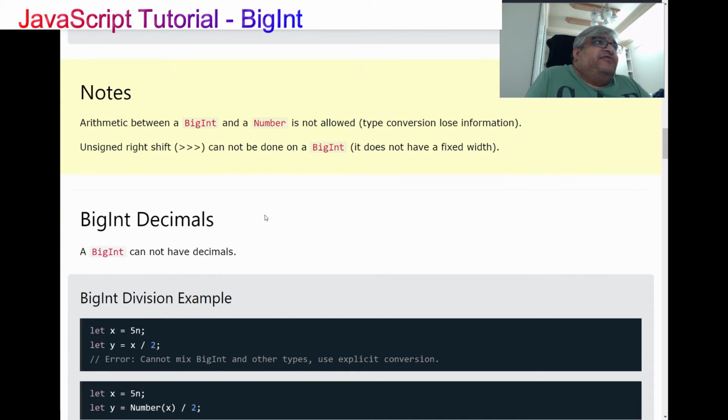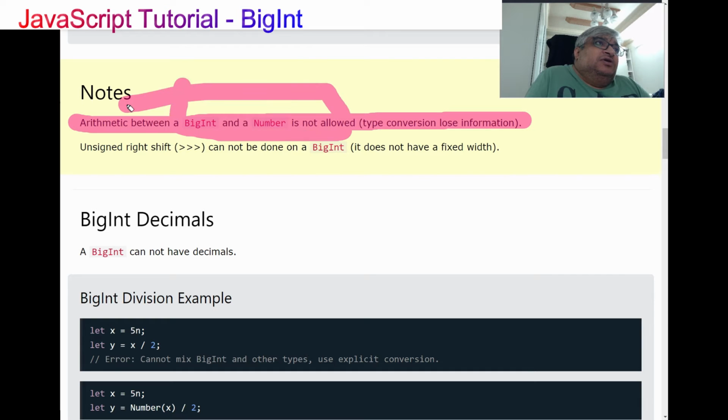And there are some important notes here, and what they say is arithmetic between BigInt and number is not allowed. Type conversion loses information. Oh my god, that's not good. So BigInt and numbers are not allowed in arithmetic.